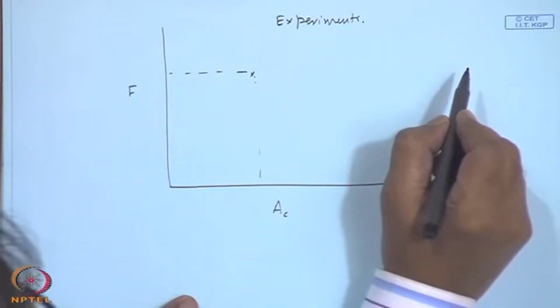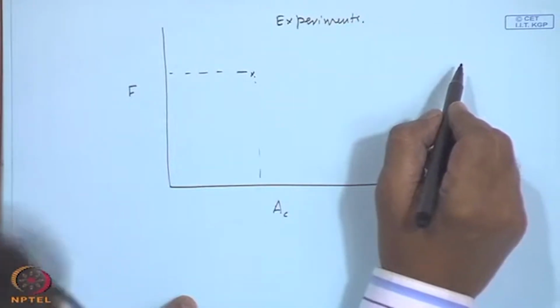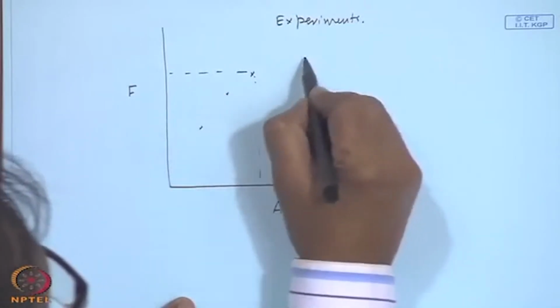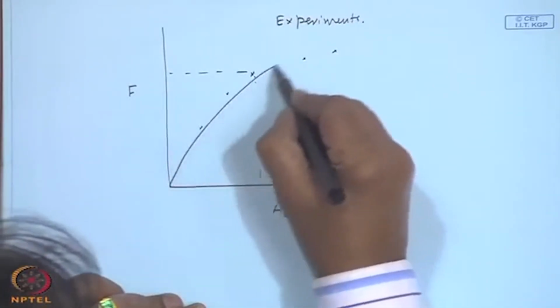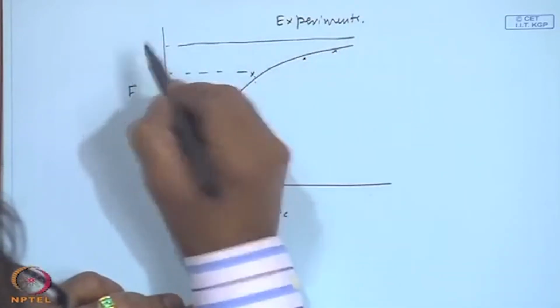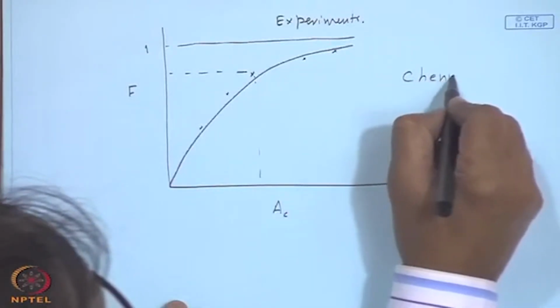Then in order to save time, you may do the experiments with areas AC1, AC2, AC3 like that, and I may be able to get a few points. Okay. So, I can join them and get this F versus AC curve for, let us say, one location, Chennai.